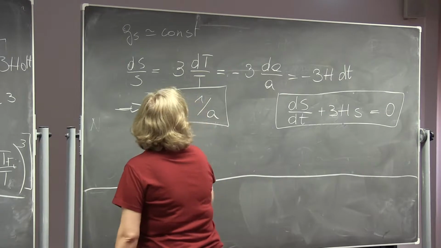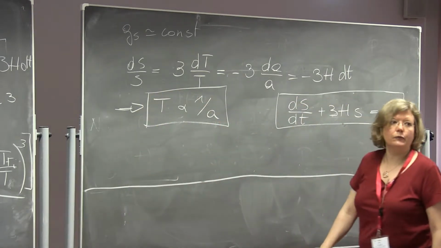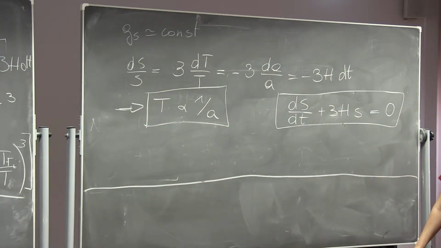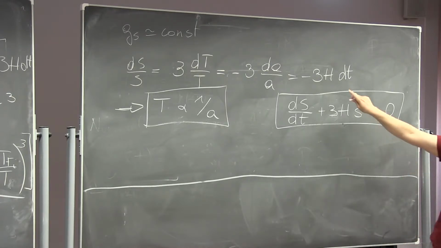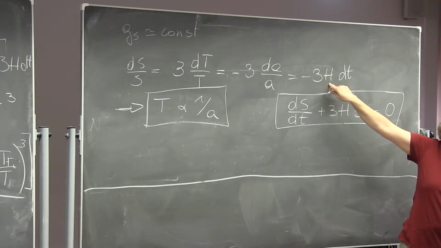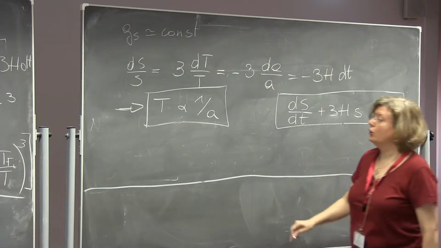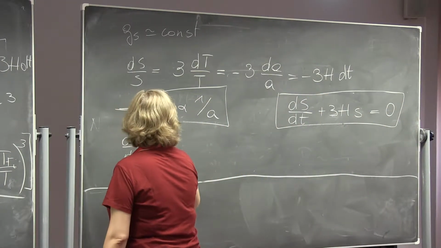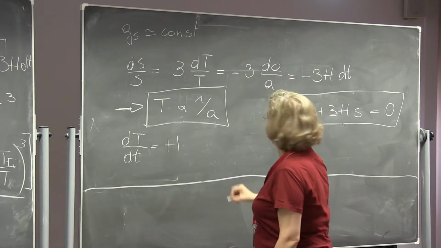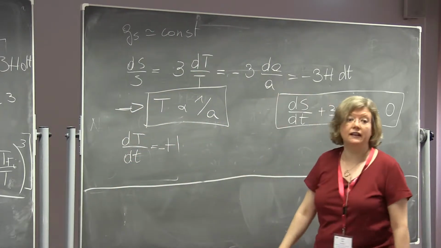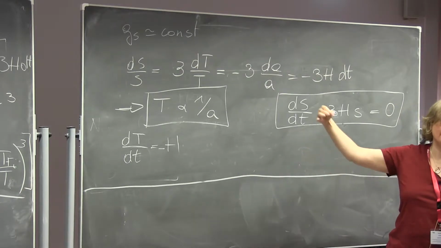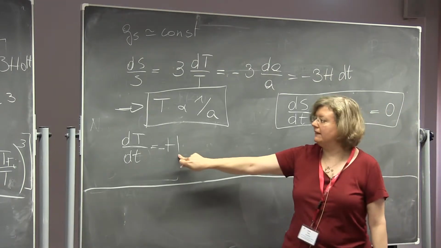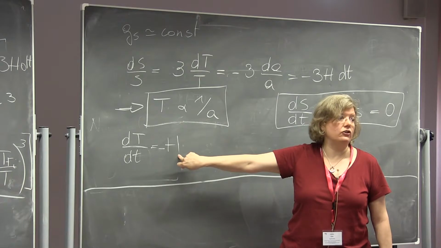So as long as we have a constant number of degrees of freedom, the temperature of the universe changes, but the rate at which it changes, I can read it out here, is H. It's again the Hubble rate with a minus sign because it decreases.